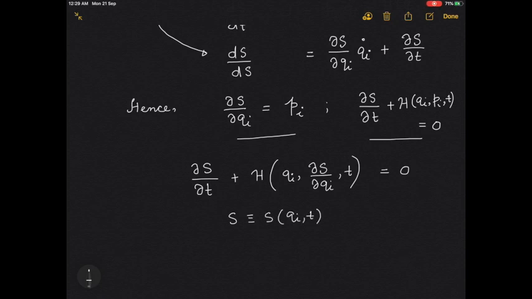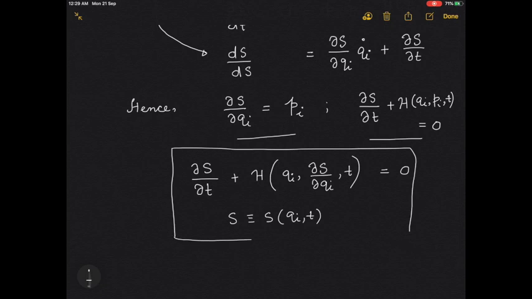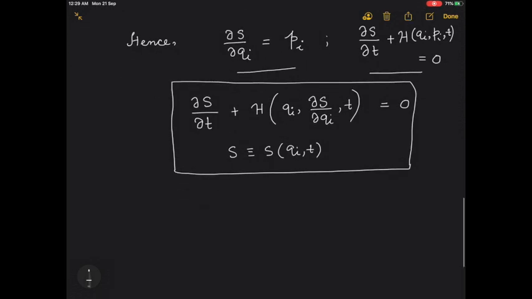And just to remind you, let me write this as S, as S is a function of all qi's and t only. Now this is a partial differential equation of S, which if you solve, we will get S.